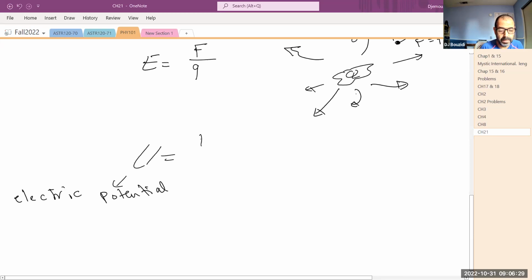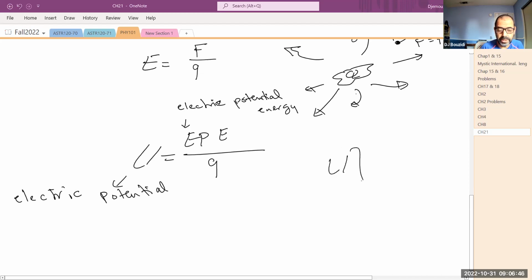And the book uses the symbol PE, electric potential energy, divided by the unit charge. So the units for the electric potential are the same as that of the energy, which is joule, always the unit for energy, per coulomb.